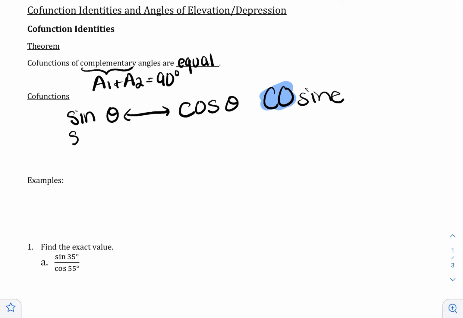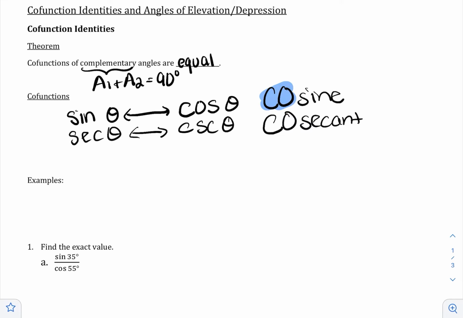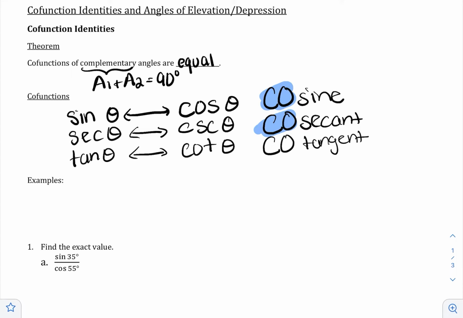If you have the secant of theta, its cofunction is cosecant of theta. And if you have the tangent of theta, its cofunction is cotangent of theta. And they're cofunctions of each other. So cosine is a cofunction of sine, and sine is a cofunction of cosine. So it goes in both directions.